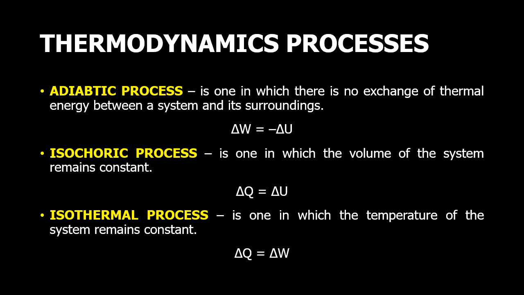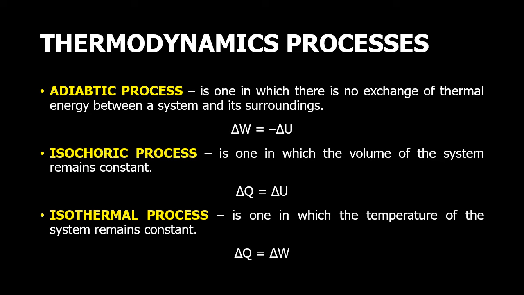And lastly, an isothermal process is a constant temperature process. For a process to be isothermal, any heat flow into or out of the system must occur slowly enough that thermal equilibrium is maintained. In general, none of the quantities, including delta U, is 0 in an isothermal process.